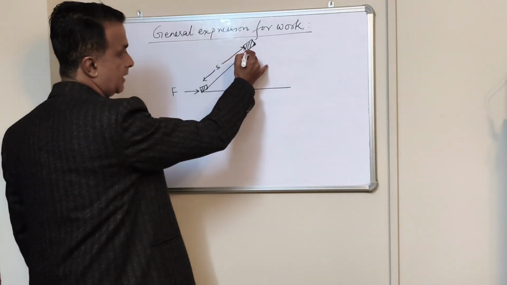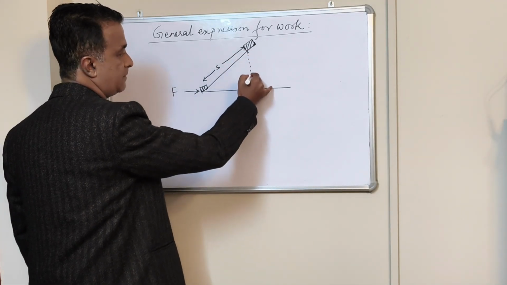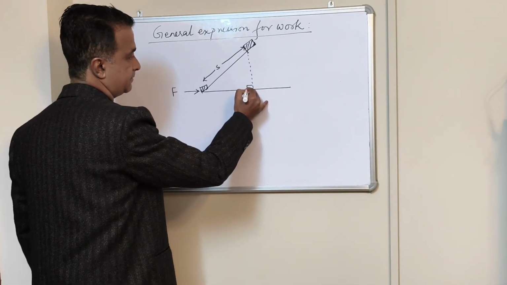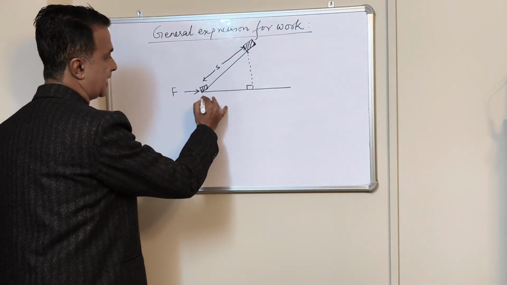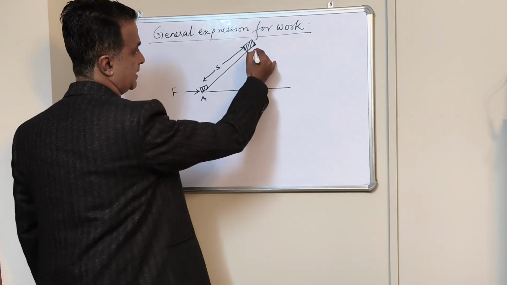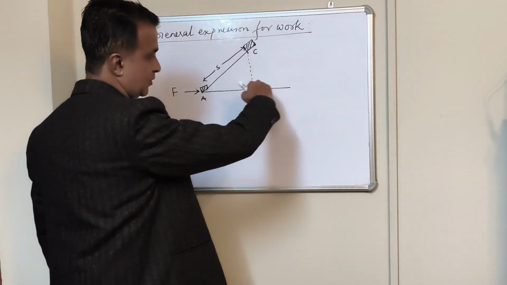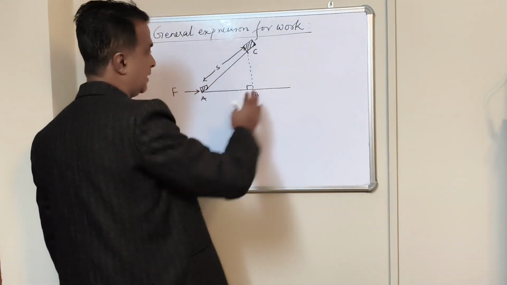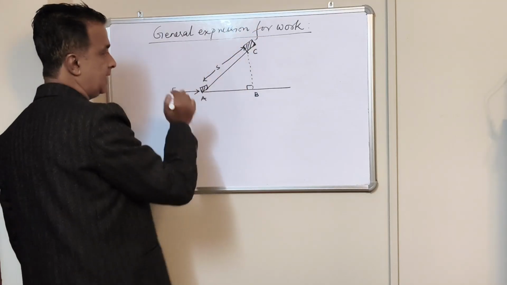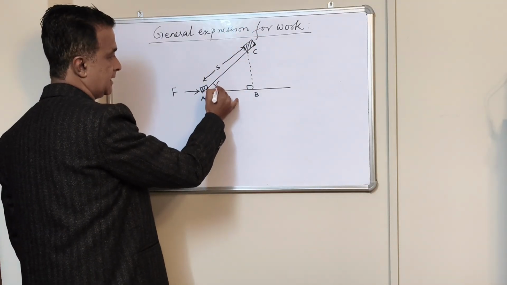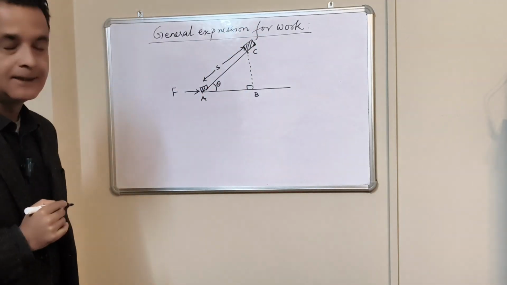Now from this end position, I drop a perpendicular down, 90 degrees. And I name this triangle A, B, C. This angle between the direction of the force and this displacement AC is taken as theta, a Greek alphabet theta.